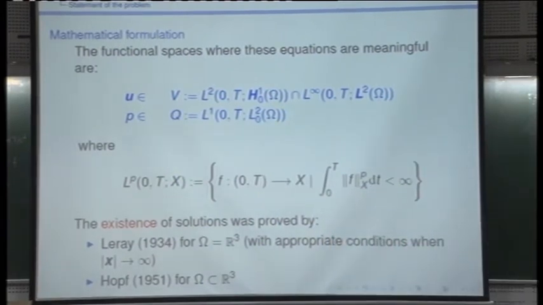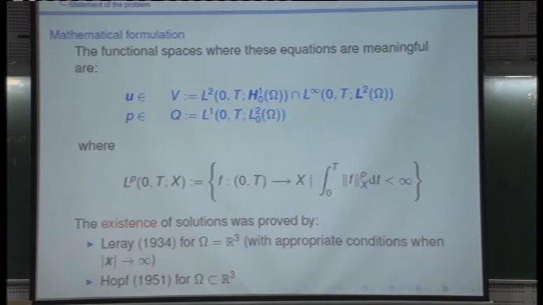I have spent some time on this because there is a little confusion, even in the scientific community, about the existence and uniqueness of solutions of the Navier-Stokes equations. I will talk about that. Existence of solutions was proved by Leray when omega is the whole space, with appropriate decaying conditions at infinity, and in a bounded domain by Hopf, not that long ago, in 1951.